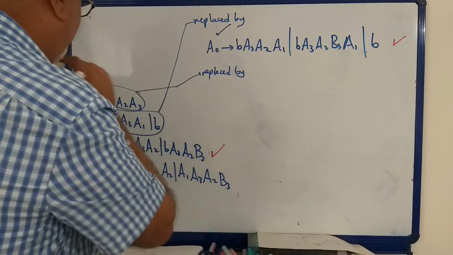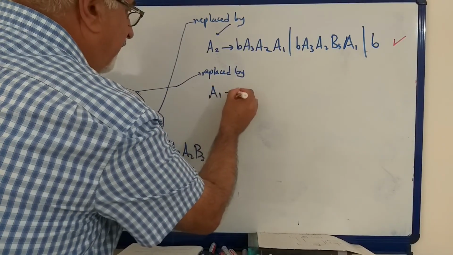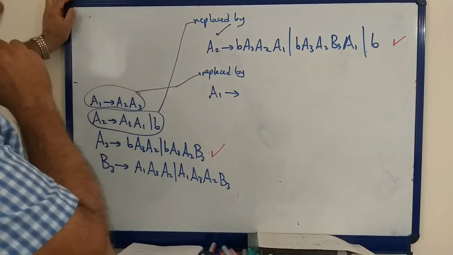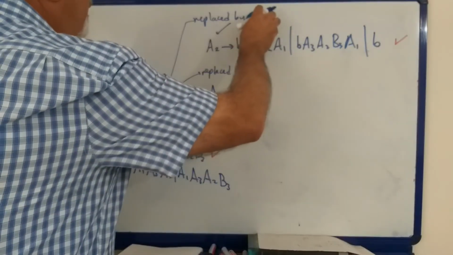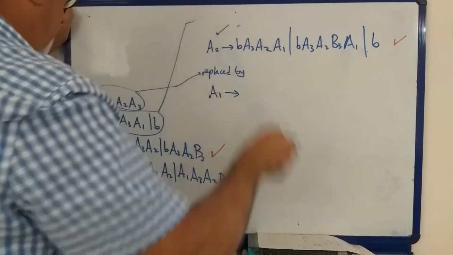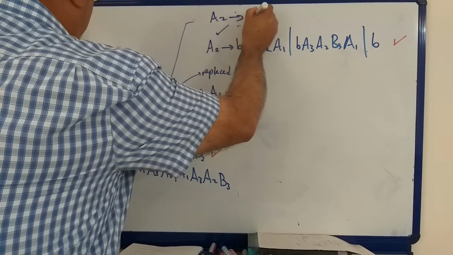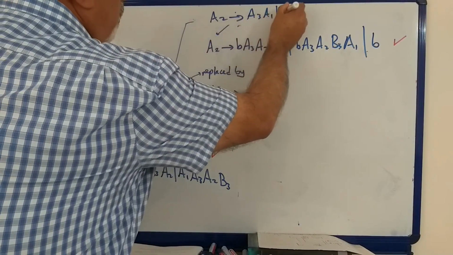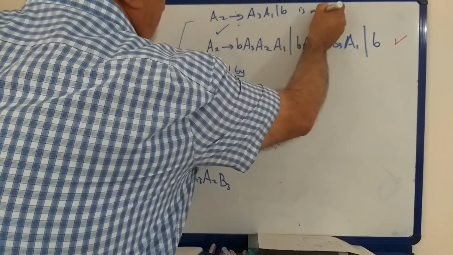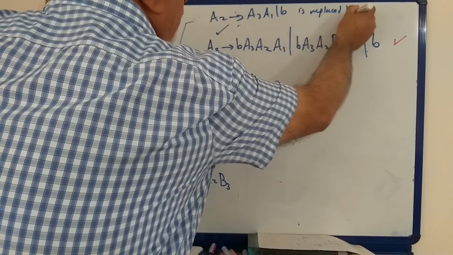Now, this A1 gives A1. Can I write it here? Because in order, so A2 gives A3, A1 or B is replaced by.